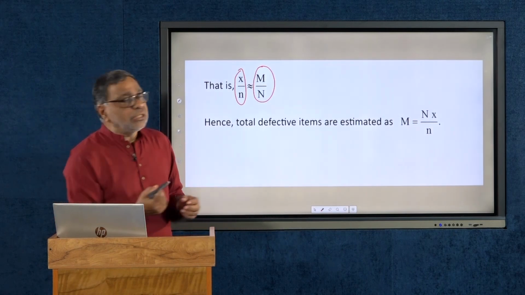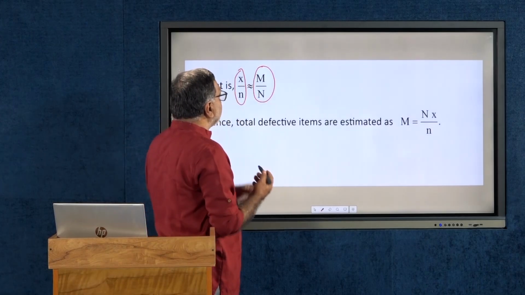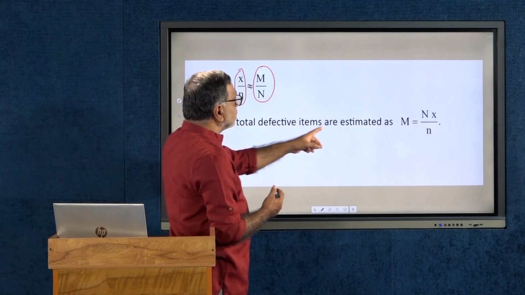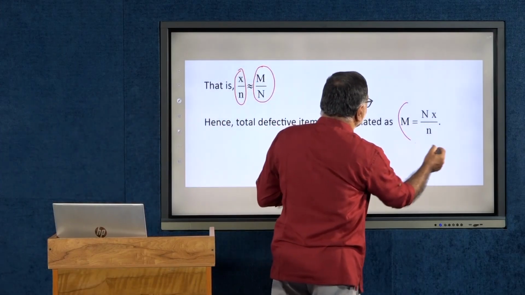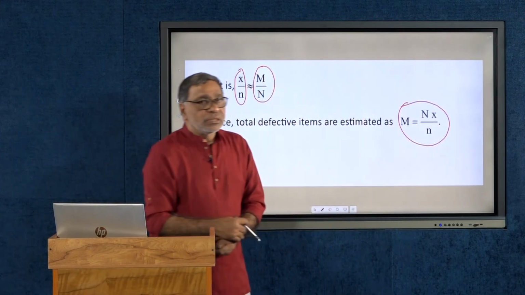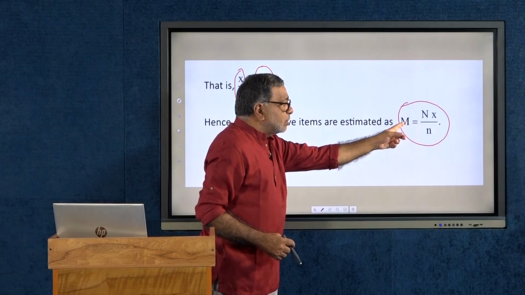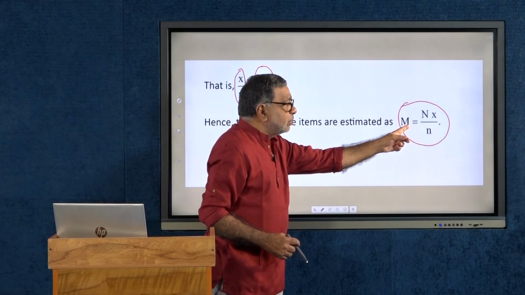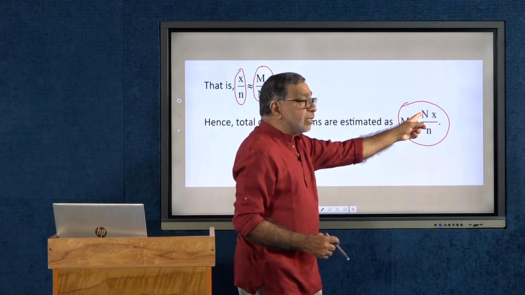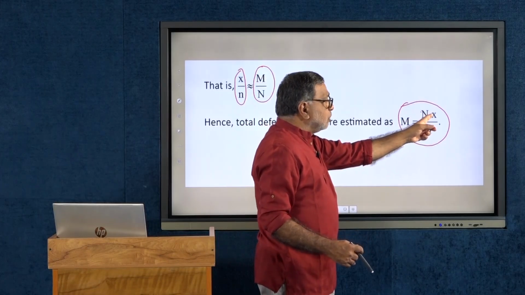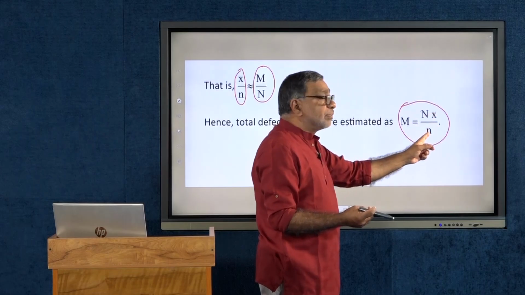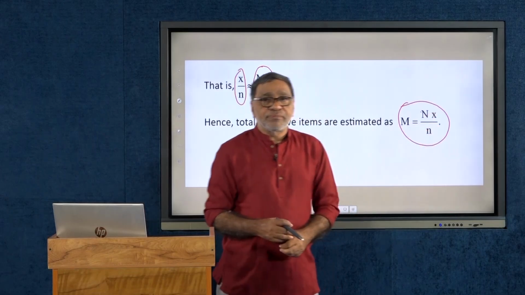Hence we approximate by equating the values. So M is obtained as N x divided by n. That is, the total number of defective items produced by that production unit is equal to the total N items into the defective items obtained from the n selected items.